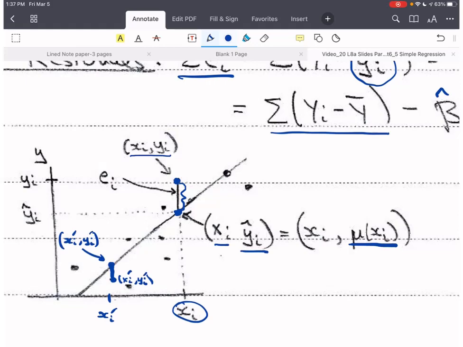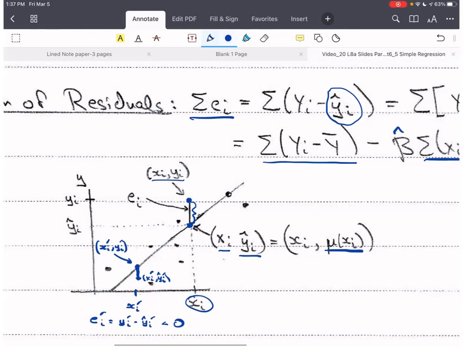And so epsilon i prime is going to be yi prime minus yi hat prime, okay? And in this case, it's going to be negative because the point is below the line. If the point's above the line, the residual's positive. If the point's below the line, the residual's negative.